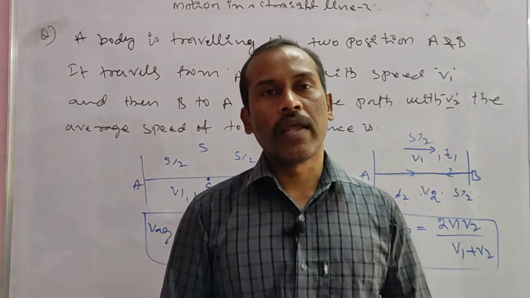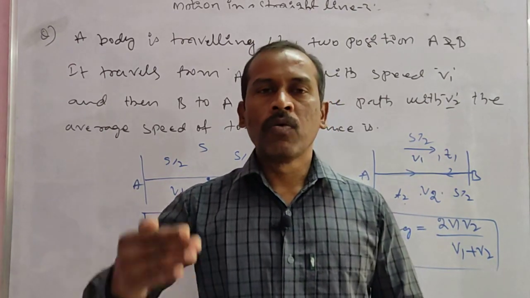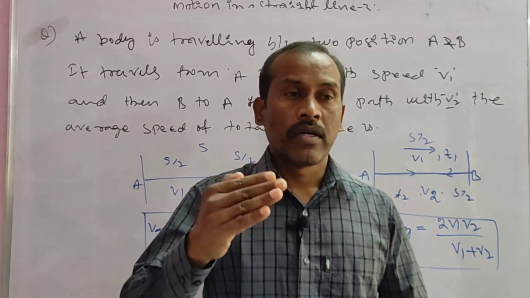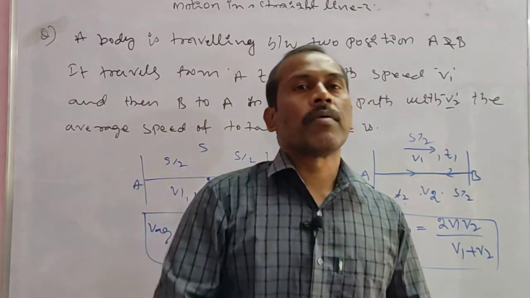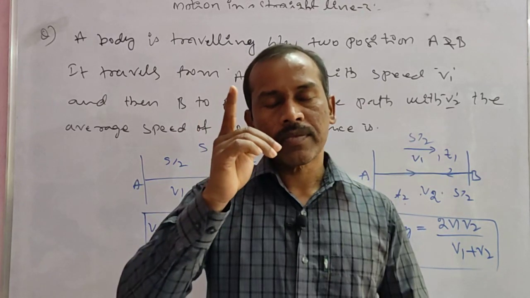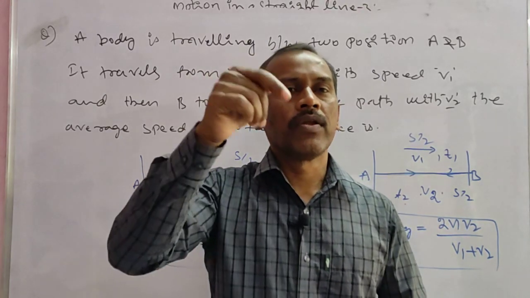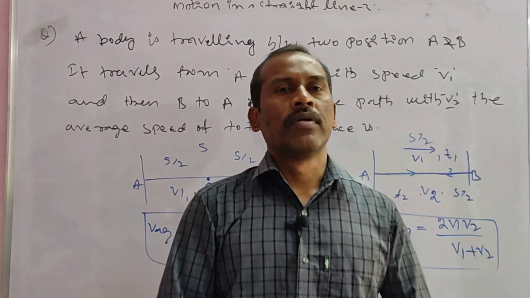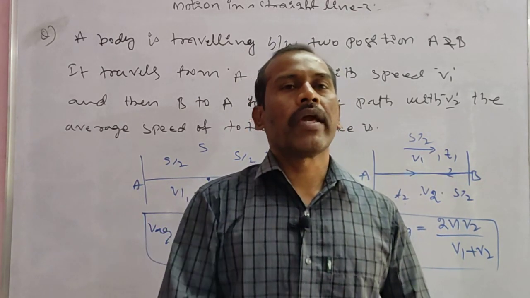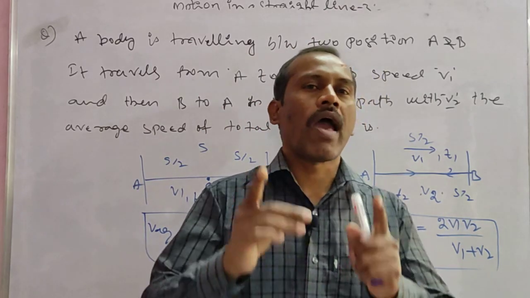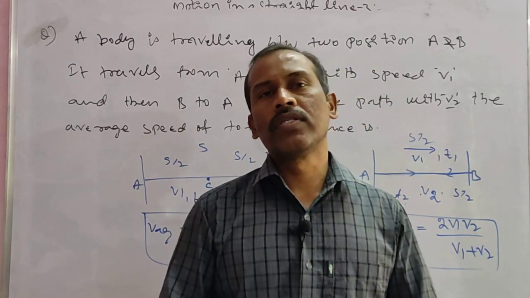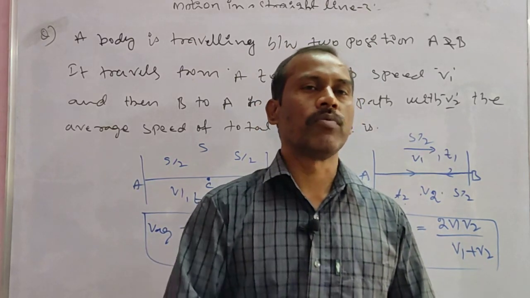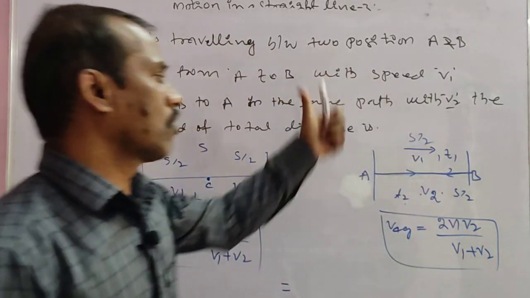Or the particle moving along the straight line, first half of the distance taken time t1 with speed v1, next remaining distance traveled with speed v2, time taken t2. Then the average speed is v1 v2 by v1 plus v2 by 2 వస్తుంది. ఒకసారి చూద్దాం. Note this one first of all.